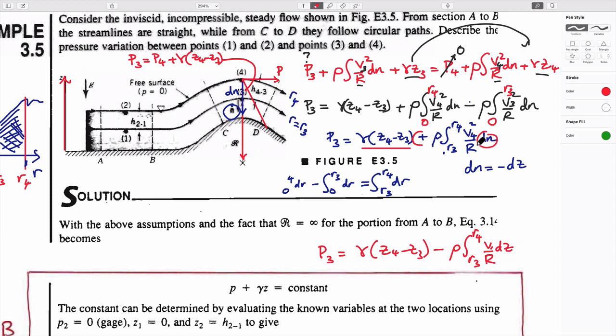So all I've done is I've changed this for this. And the only important thing is that this integration now would just be between these two locations. If this is a constant, then this whole integral would just be this constant multiplied by the length difference between these, which is some number. And the only important thing to realize is that there's a negative sign here.